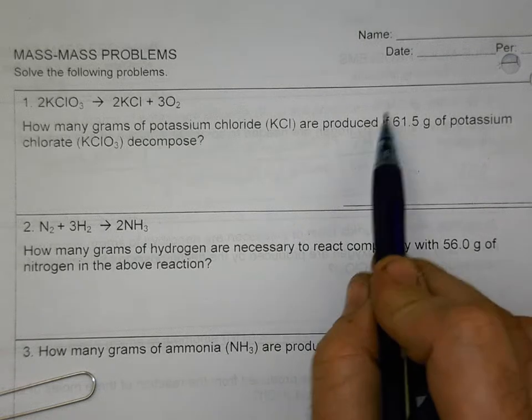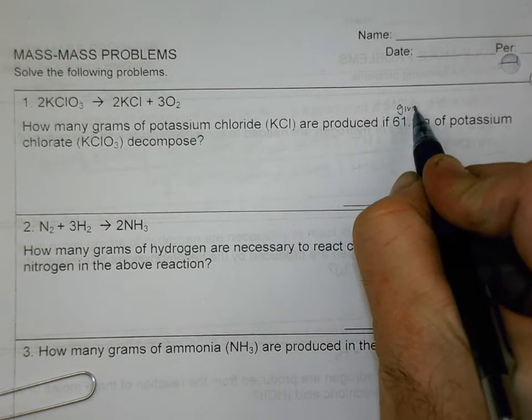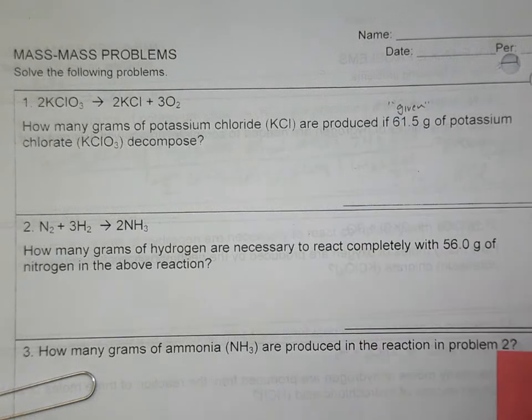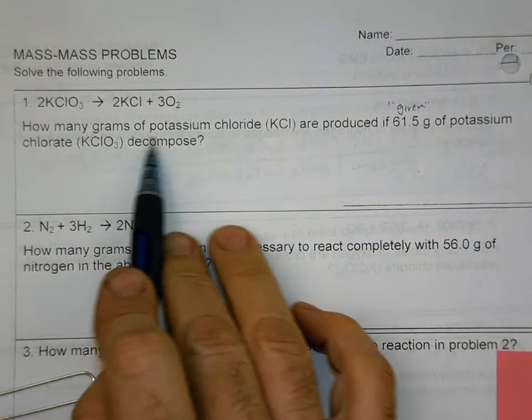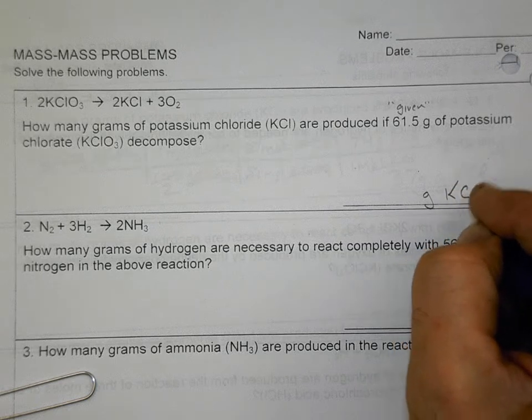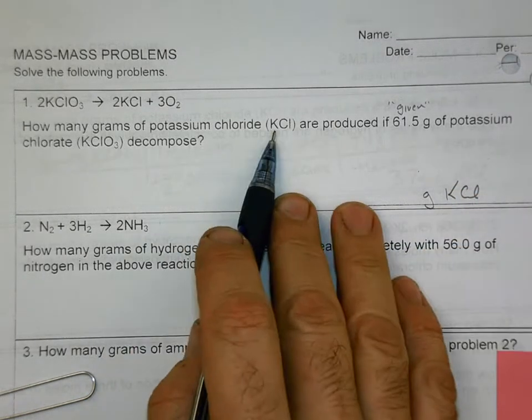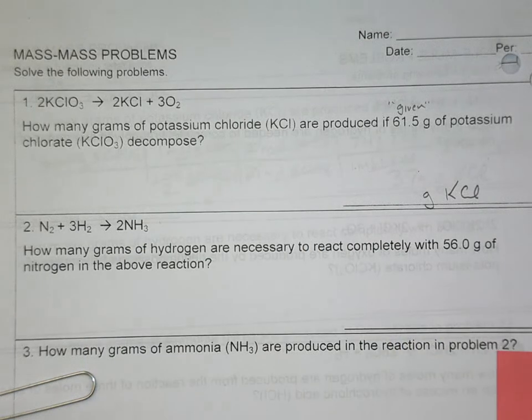Well, our given is 61.5 grams of potassium chlorate, and we want to find grams of potassium chloride, KCl. So that's what we're ultimately looking for.